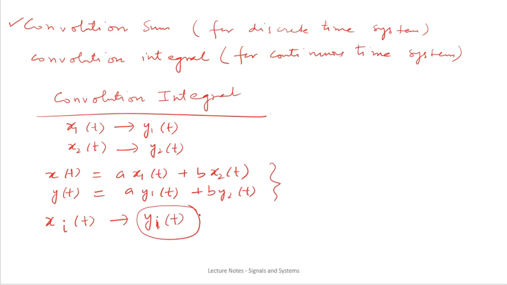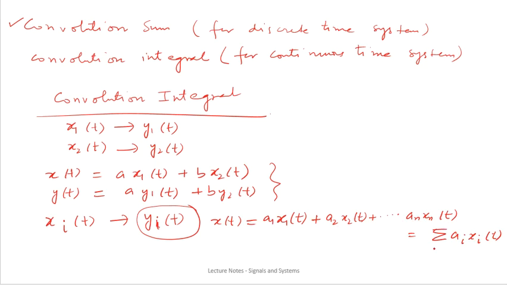Let me write it in expression form. Suppose the input is represented as a1 x1(t) plus a2 x2(t) and so on up to an xn(t). This can also be represented as the summation of ai xi(t), where i equals 1 to n.